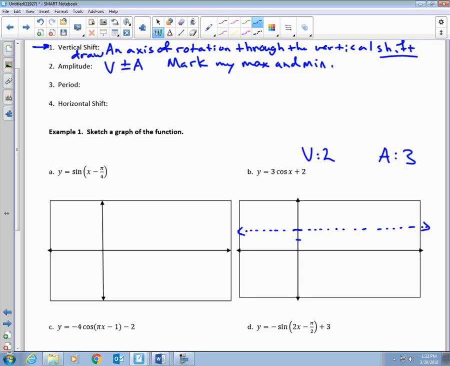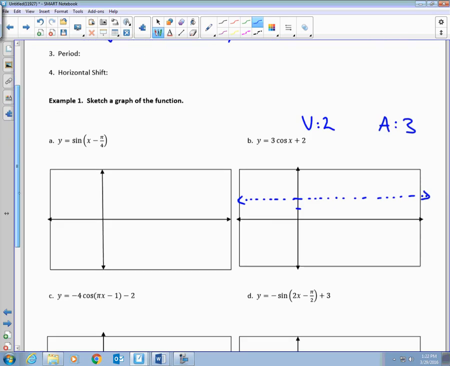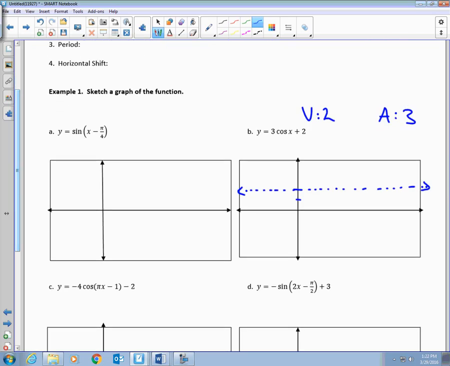So when we figure out the amplitude, we take the vertical shift plus and minus the amplitude. So I'll show you what we do. What is the vertical shift? 2. So I will add 3 and subtract 3. When you add 3 onto 2, you get 5, so that will be the maximum value of your graph.